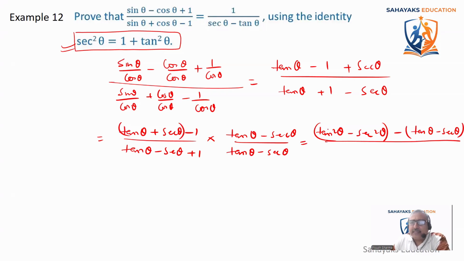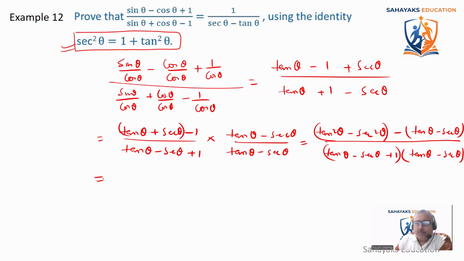So we wanted to bring this because we have to use the identity sec square theta is equal to 1 plus tan square theta. So we have to bring tan square theta and sec square theta somehow. Now we'll write the denominator as it is, tan theta minus sec theta plus 1, multiplied by tan theta plus sec theta.